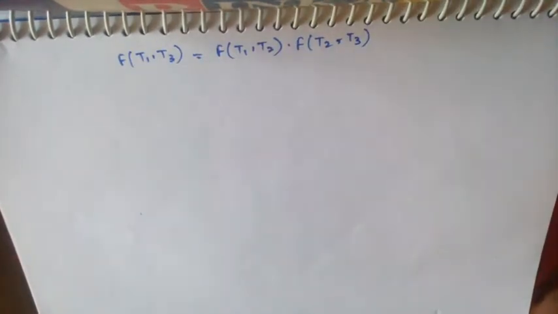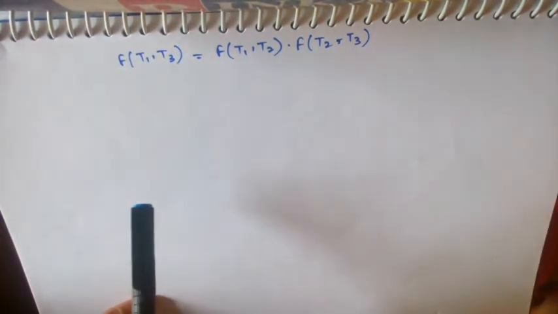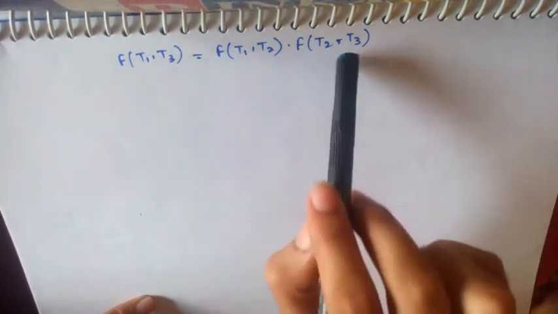Now we have arrived at this situation. We are seeing that the left hand side is a function of T1 and T3, and the right side has functions of T1, T2 and T2, T3.